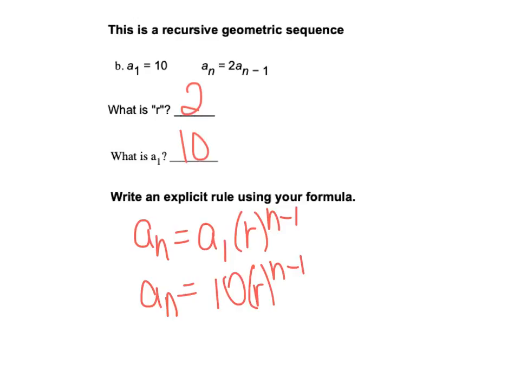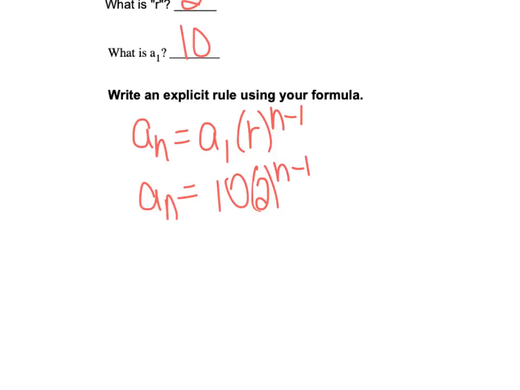Oh, excuse me, we know what r is. Sorry, r is 2. I forgot to put the 2 in there. So it's 10 times 2 to the n minus 1. And of course, we never multiply our coefficient times our base, so that is not 20 to the n minus 1. Our final answer is just 10 times 2 to the n minus 1.